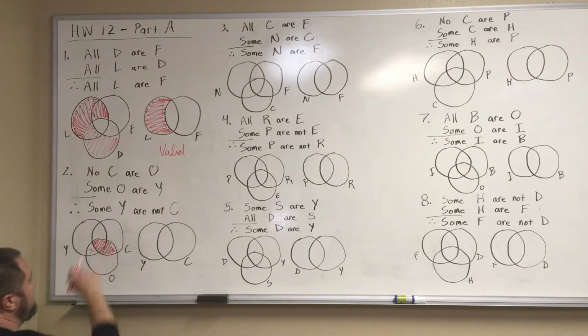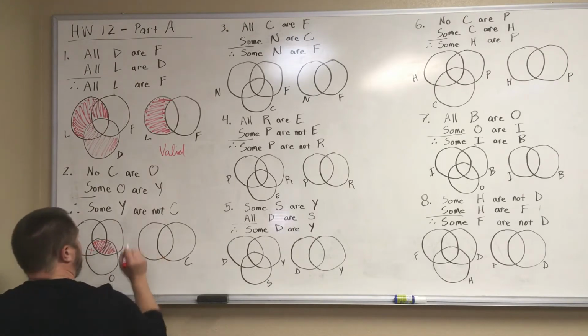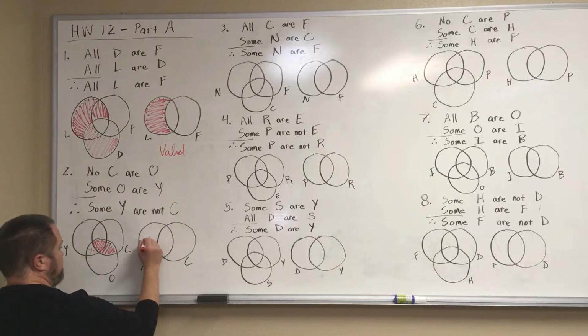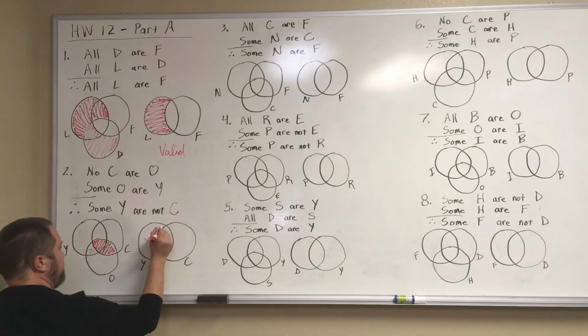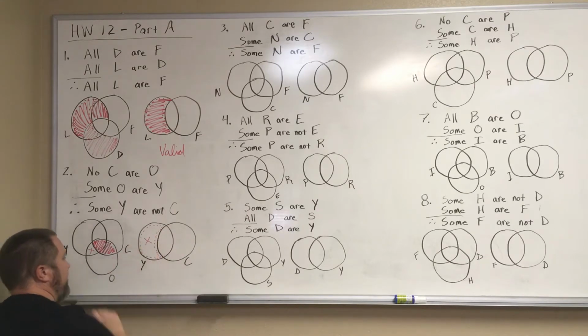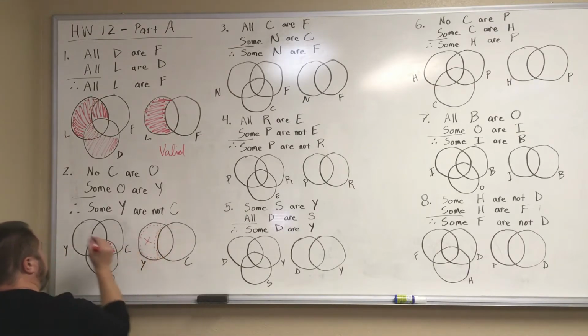And then we check and see if the information in the conclusion, we've already been given that information. Some Y are not C, so the X goes over on the left. And just like the first one, the only information that's given to us in the conclusion is that there is an X in this area right here.